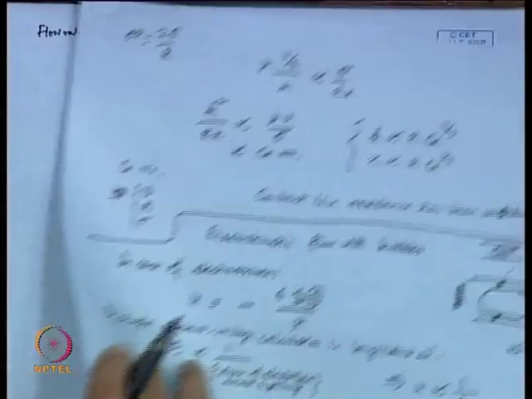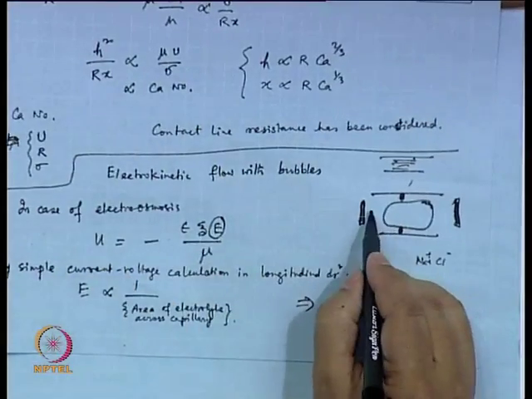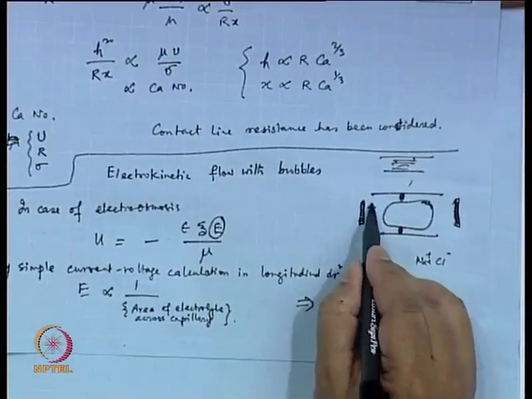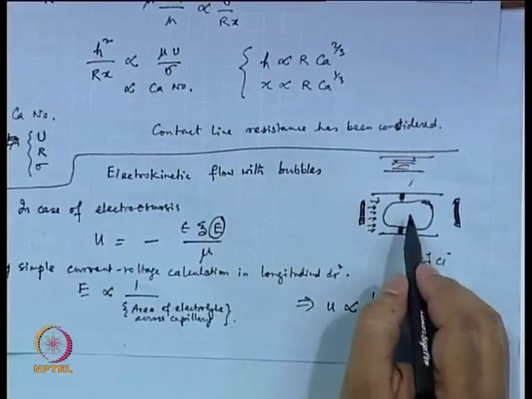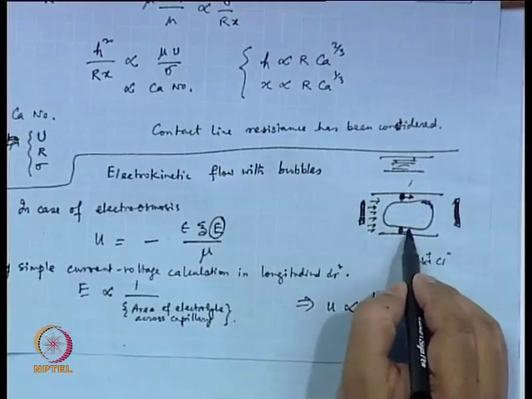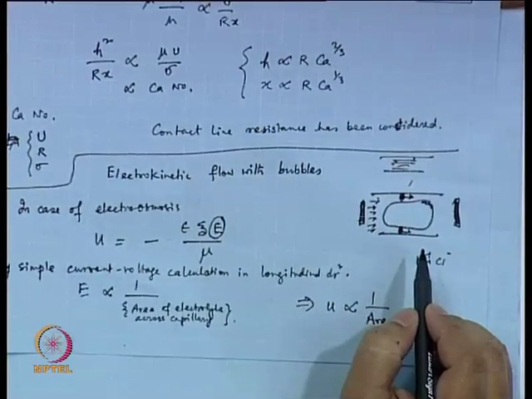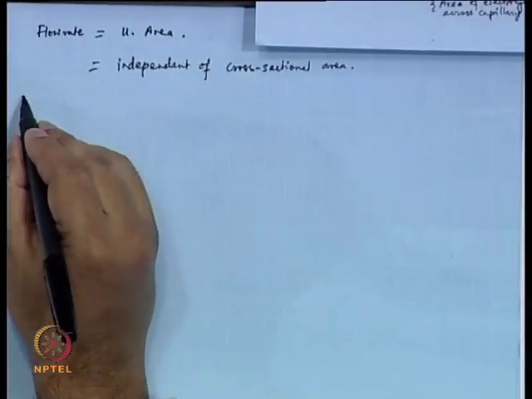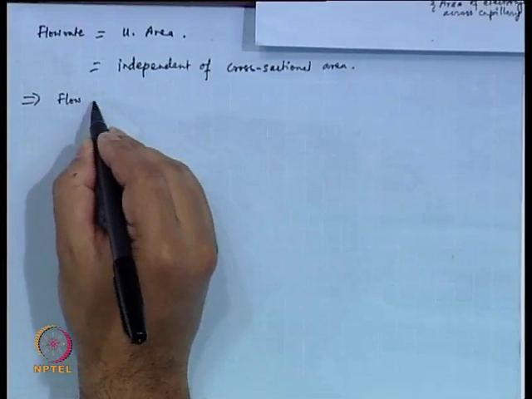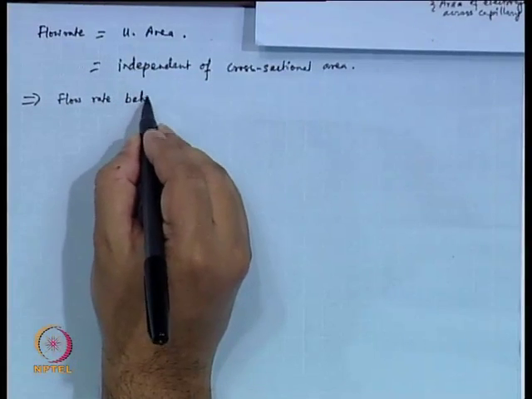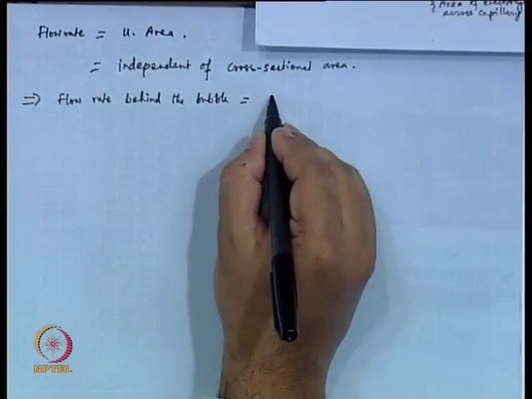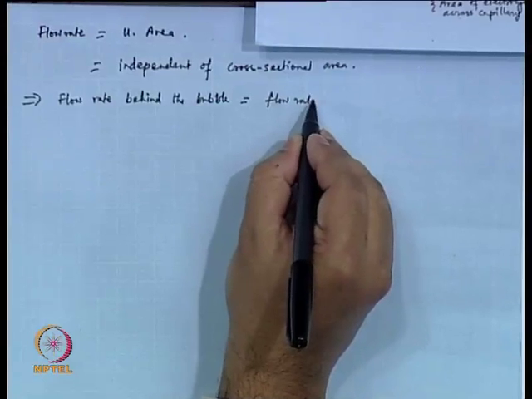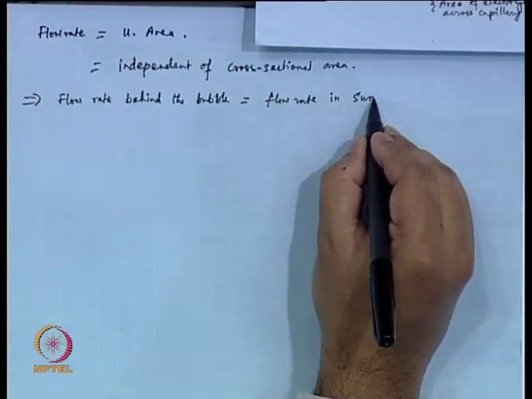So, the implication of this would be that the flow rate here where the bubble is not there, and the flow rate in the surrounding films, would be the same. What that means is that the flow rate behind the bubble is equal to the flow rate in the surrounding film.